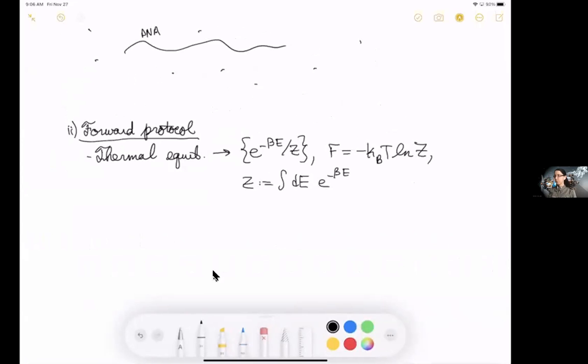So we can trap one end of the DNA in an optical trap and then use optical tweezers to stretch the strand. We'll stretch the strand through a fixed distance of length L. This process happens in finite time.